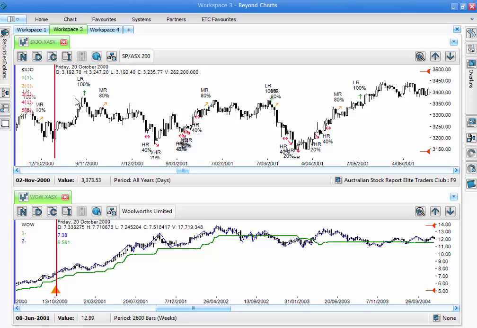So on that particular occasion, a trade entry way back on the 20th of October in 2000, and our market risk at the time was moderate.